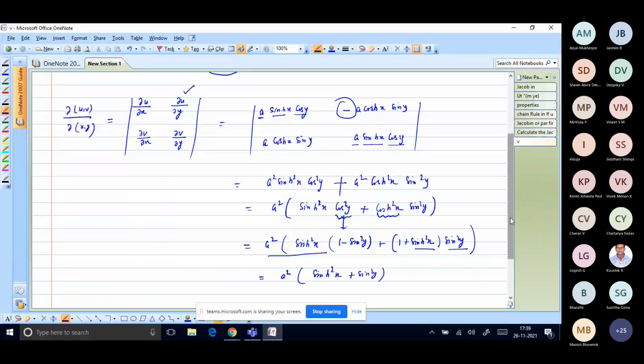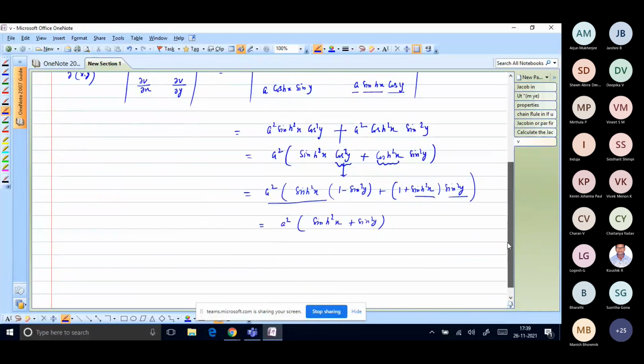But let me check. Your question is in terms of hyperbolic cos. So a square, here I will write cos hyperbolic 2x minus 1 by 2 plus, for this I will write the multiple angle formula, 1 minus cos 2y upon 2.